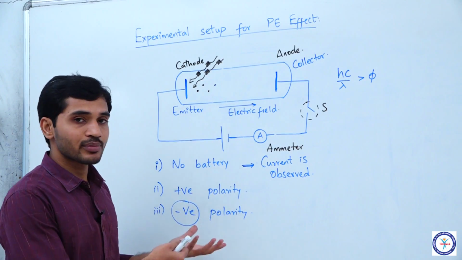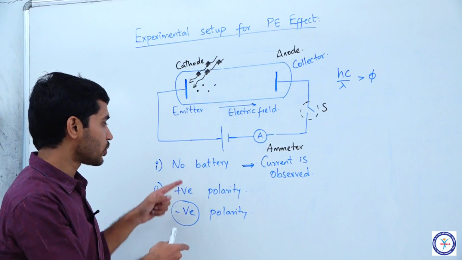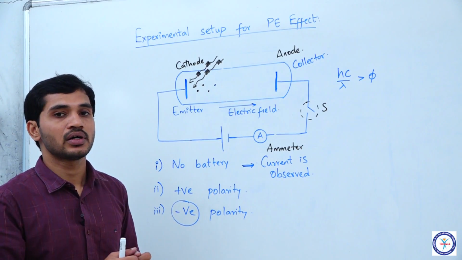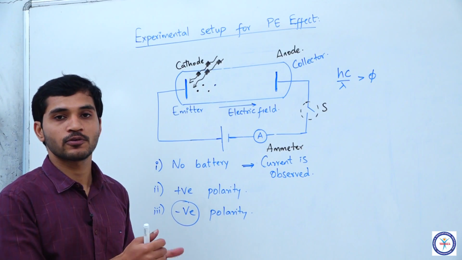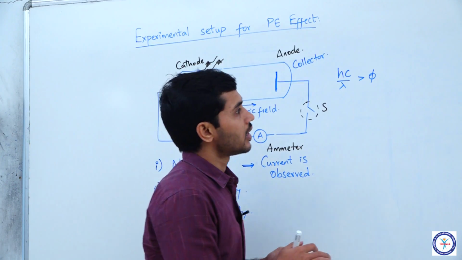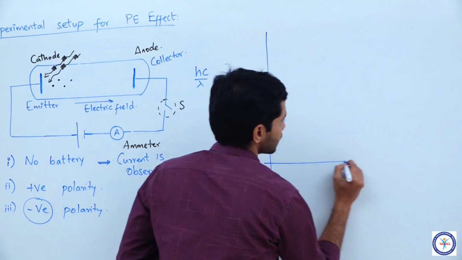We will learn about that. I will basically show whatever I have told you regarding these three cases on a graph, which is a very important graph as far as the photoelectric effect is concerned, and the graph is like this.